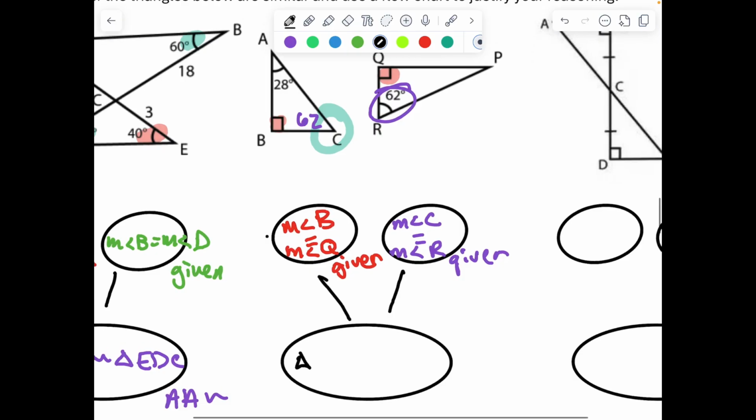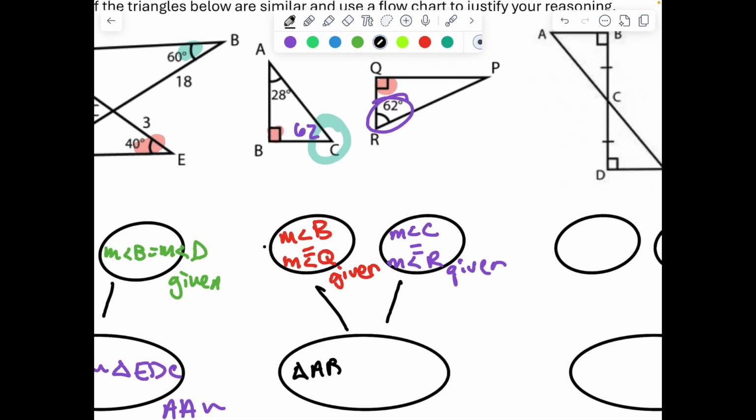So triangle ABC is similar to triangle PQR, and that is because of angle-angle similarity again.